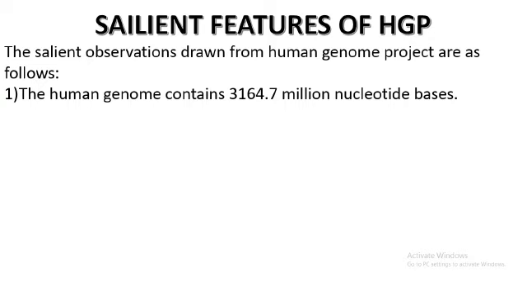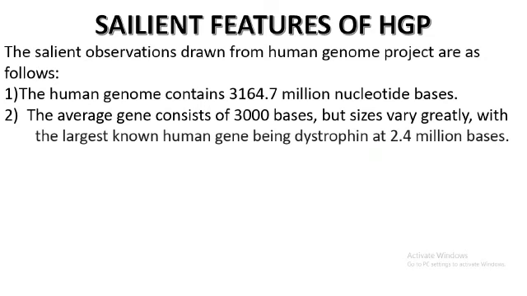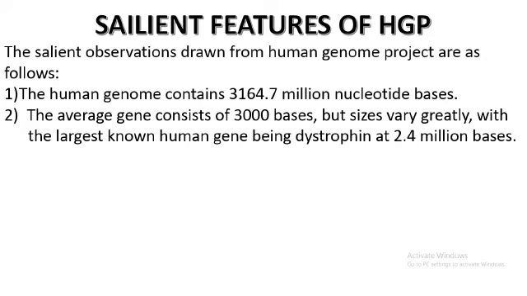The second thing is the average gene consists of 3000 bases, but sizes vary greatly, with the largest known human gene being dystrophin with 2.4 million bases. If there was a question, what is the number of nitrogenous bases that represents one gene?